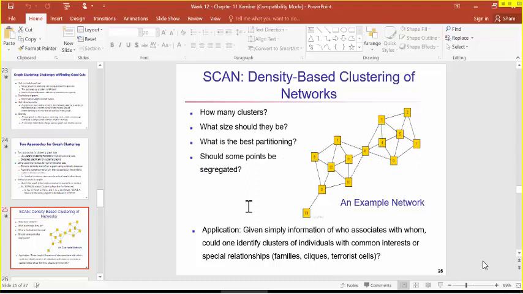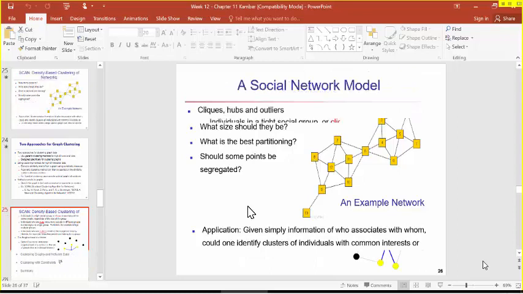SCAN is a density-based clustering for networks, and we can find how many clusters there are, what size they should be, what the best partitioning is, and whether some points should be segregated. You can see an example network. The application could be, given simply information of who is associated with whom in a social network, to identify clusters of individuals with a common interest or special relationships: families, colleagues, or other things.